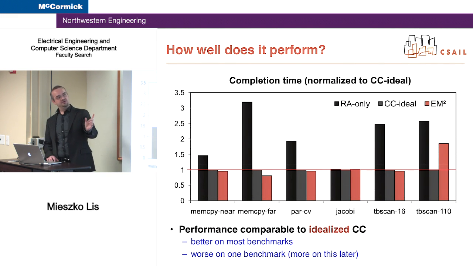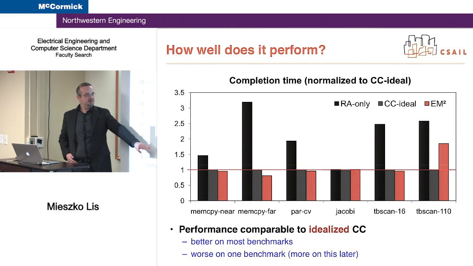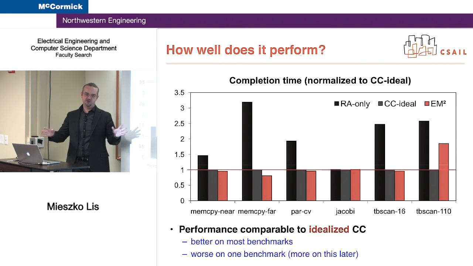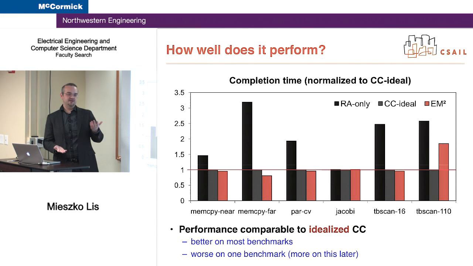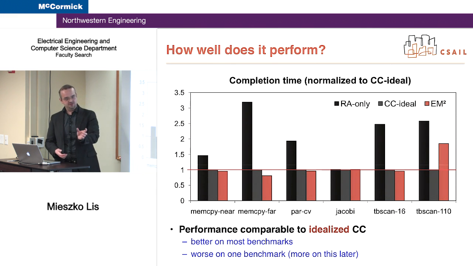So in terms of completion time for this set of benchmarks, all of which were either compiled using our compiler for our special architecture and then hand optimized, or just written in assembly, this black bar you can sort of ignore, because there's remote access only without any migrations. And we always do better than that because we either choose this or we migrate, right?